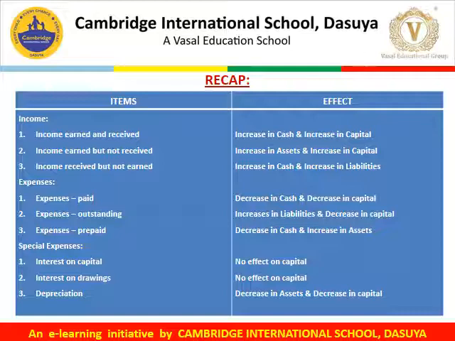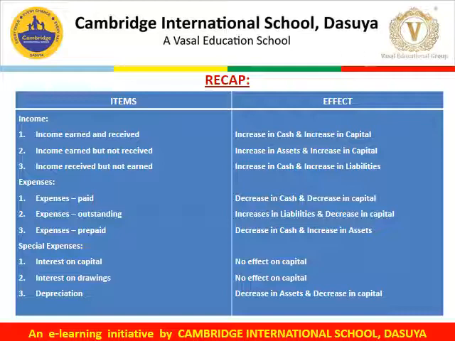Next is expenses prepaid. Expenses when paid in advance are called expenses prepaid. Since cash is paid, it will reduce the cash. But the benefit will flow in the near future, so it is treated as an asset also. So the effect would be decrease in cash and increase in asset.